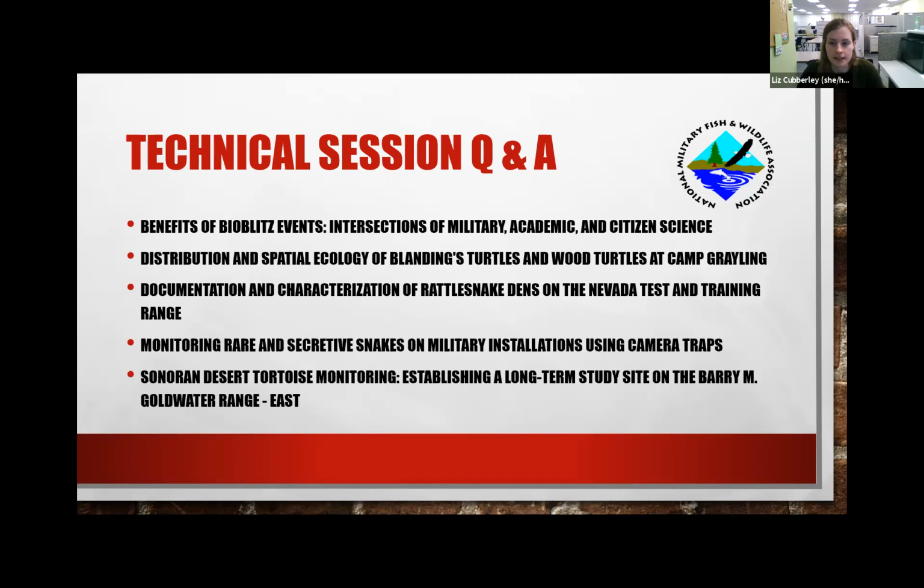Luckily, the team up at Camp Grayling in the environmental office was really helpful and engaged, and they helped us finish a bit of our field work while we were still down here in Indiana. The university regulations kept us from going up. But it did allow for closer collaboration and more opportunity to prepare for this season, so we're really ready to get started in April.